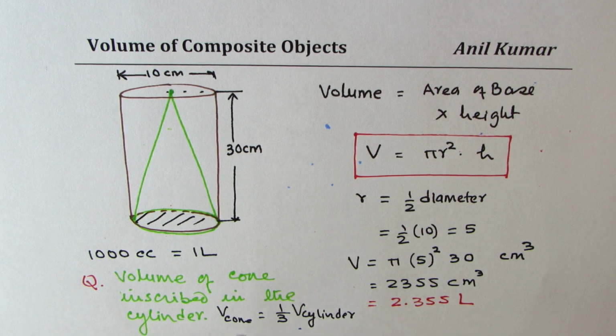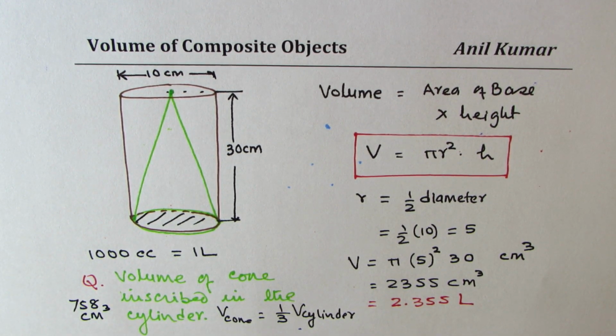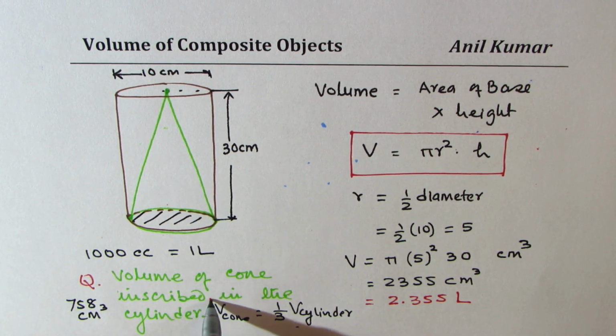So in this case, volume of cone is going to be 785 centimeter cube. Okay, so that is how cone and cylinder are related. So I hope that really helps you to see both in one picture. So volume of cone is 1/3 the volume of cylinder.